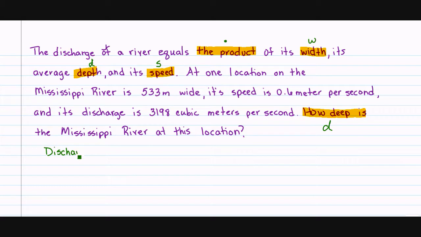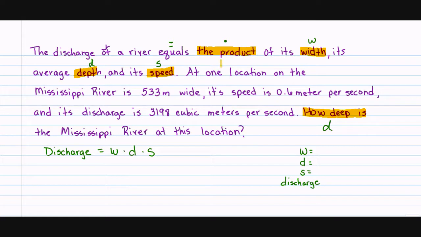The discharge equals, don't forget we've got equals here, the product of its width times the depth times the speed. Now we just need to figure out what the width is, what the depth is, the speed, or even the discharge.